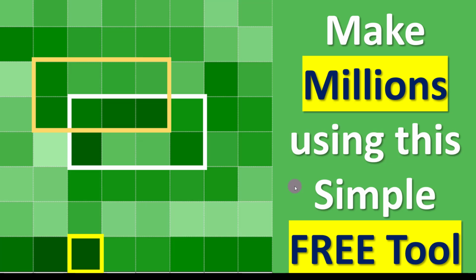So this tool is something I use daily, and I thoroughly recommend it to any robot trader who is serious about their robot trading and wants to find the most robust settings and wants to find the most robust robot. Because what happens is you can actually compare these heat maps, one robot to another, and you can immediately see which robot is the most robust robot.